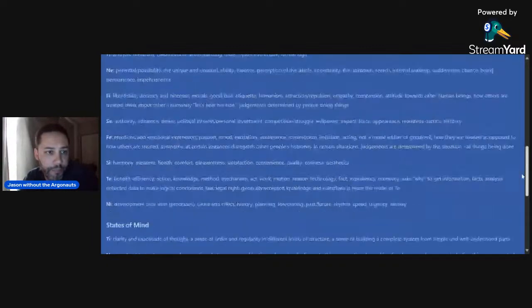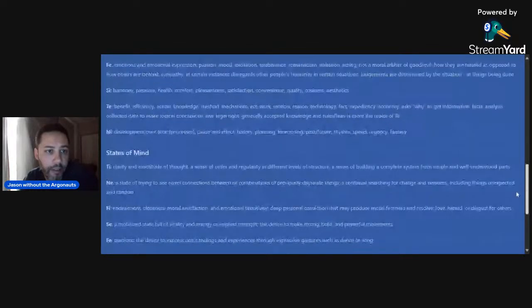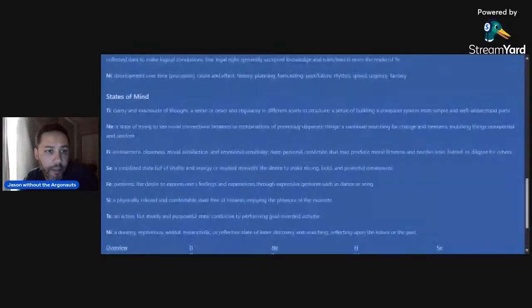States of mind. TI, clarity and exactitude of thought, a sense of order and regularity in different levels of structure, a sense of building a complete system from simple and well understood parts. Now, this is kind of where you can see, if you're coming from an MBTI background or something like that, you can see how we're kind of talking about the same thing a little bit, right?